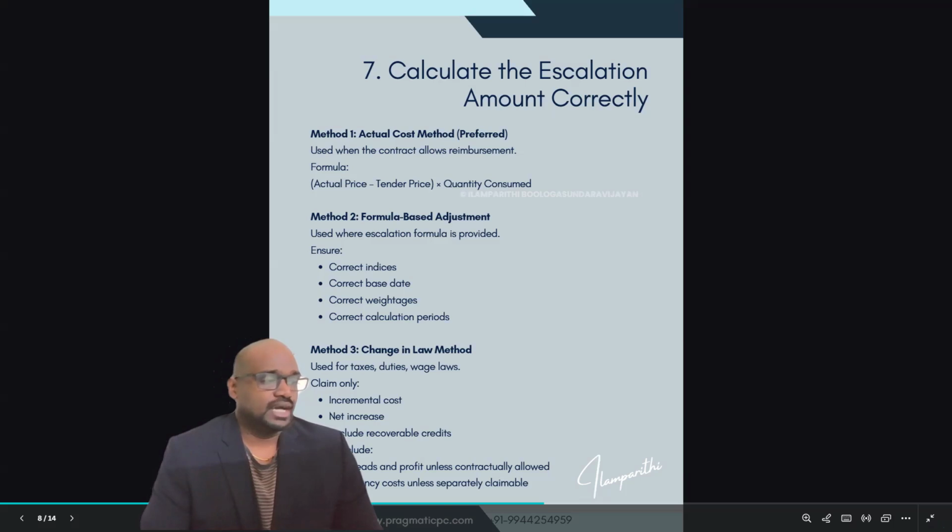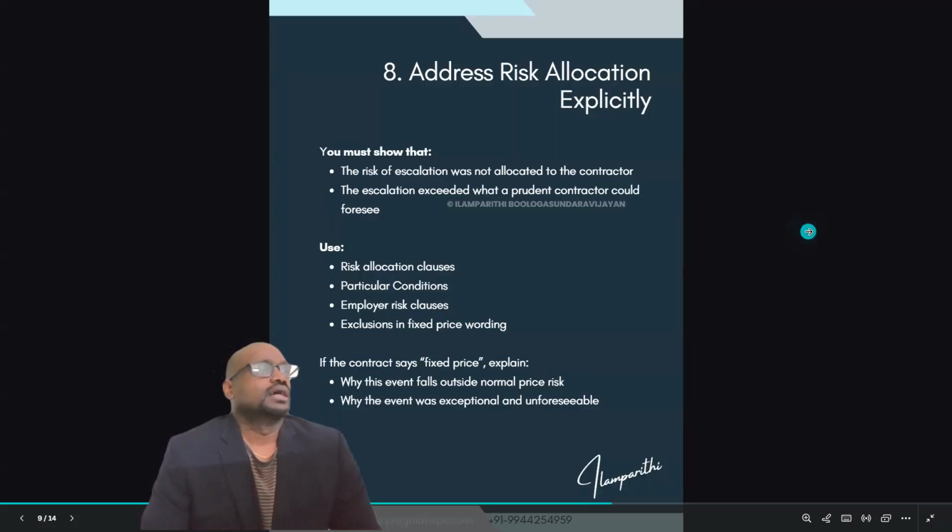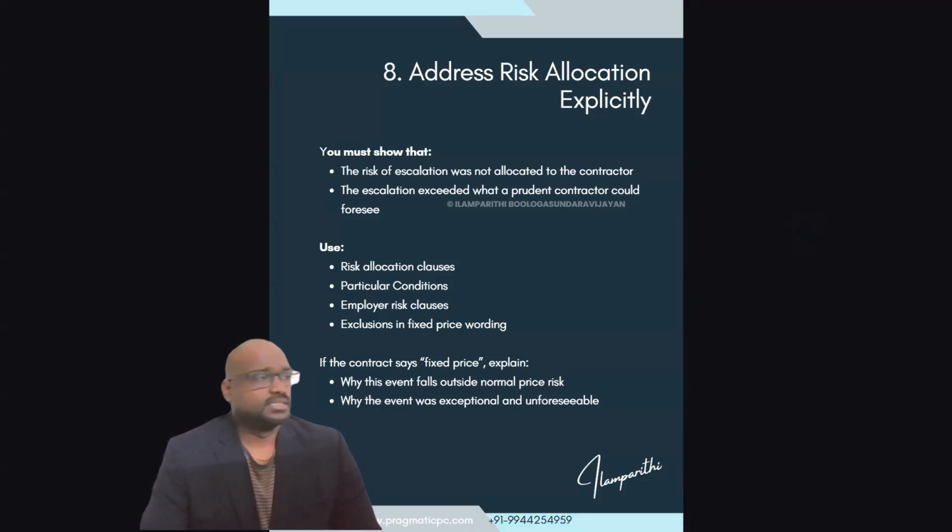Also exclude inefficiency costs unless separately claimable. Address risk allocation explicitly. You must be able to demonstrate that the risk of escalation was not allocated to the contractor, and that the escalation exceeded what a prudent or experienced contractor could have foreseen. So use risk allocation clauses, particular conditions, employer risk clauses, exclusions in fixed price wordings.